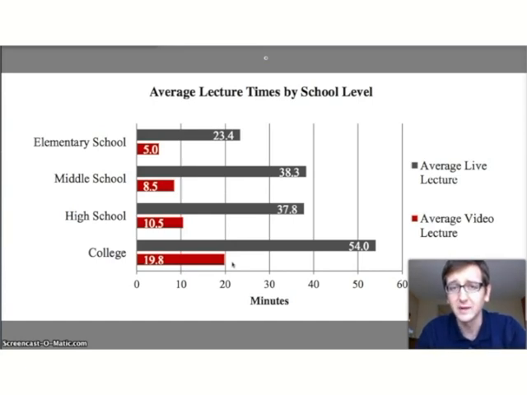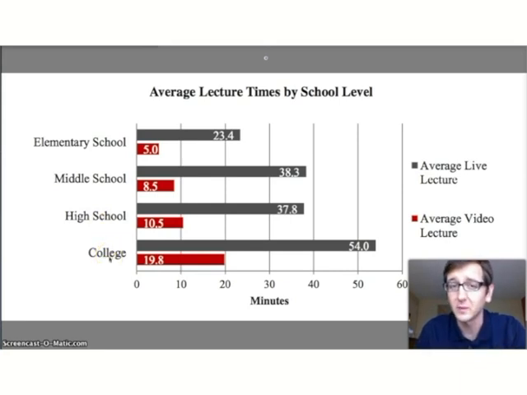Huge, huge benefits and efficiency from recording your lecture content. Basically, in elementary school, the ratio is 5 to 1. For every 5 minutes you do live lecture, that can be summarized in a 1-minute video. For middle and high school, it's about 4 to 1, and college is 3 to 1.